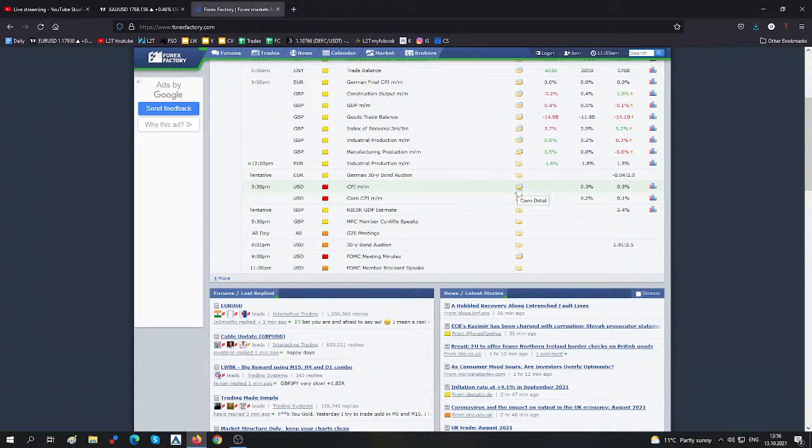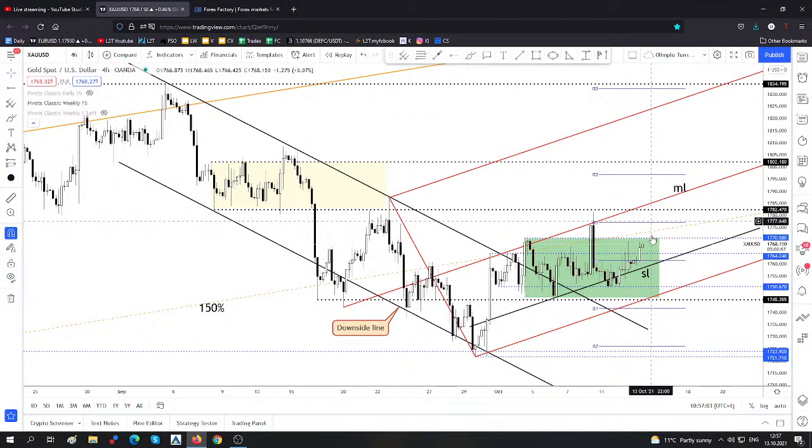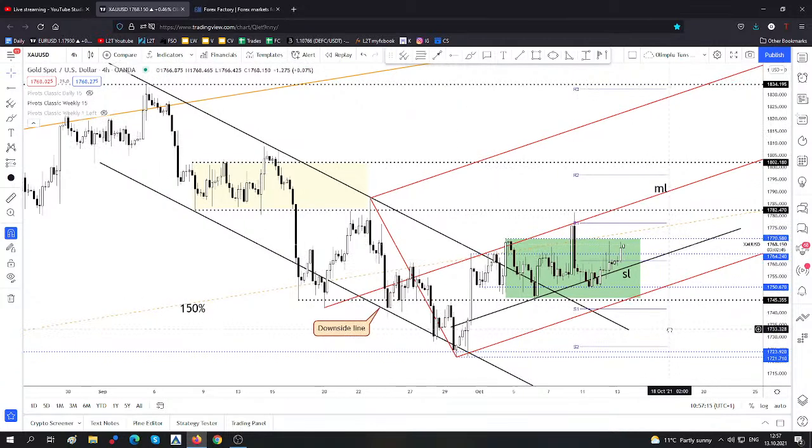Personally, I believe that better than expected data here could boost the dollar index, could force the US dollar to increase, only because high inflation could force the Federal Reserve to take action sooner, to hike rates or something like this. But we can still have something like a rally here on gold if the CPI or the core CPI will report better than expected data.